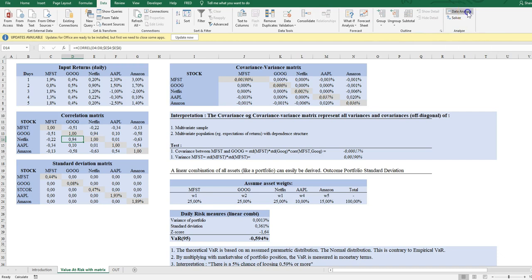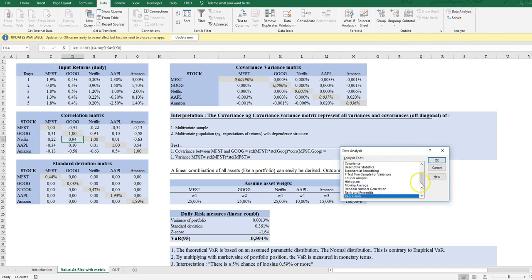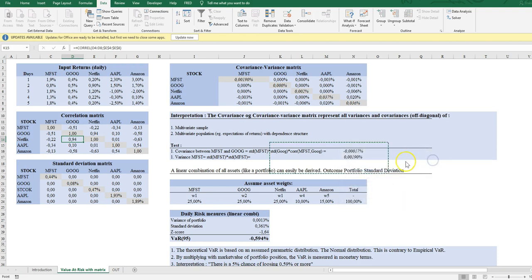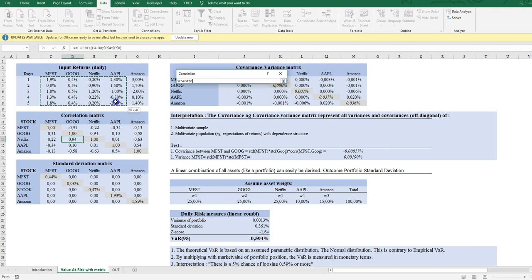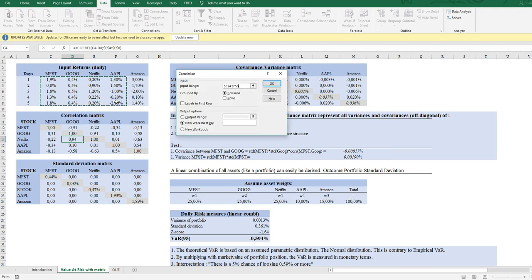But now I do have it, so I go to analysis and I go to correlation, and I can actually just type in the table of the original data set, and it assumes it is built on a column basis.